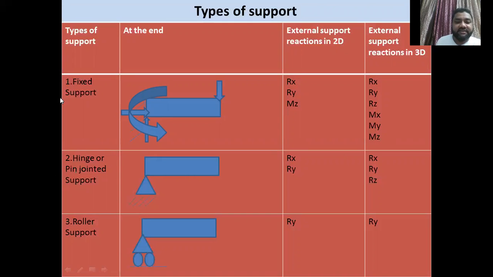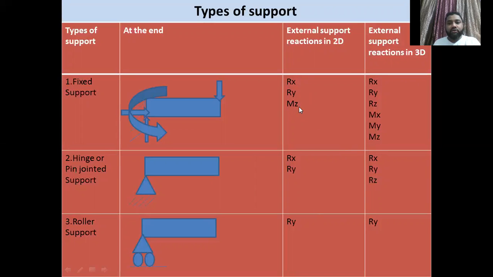Now, how is it the z-axis? This is the x-axis, this is the y-axis, this is the z-axis. So if we apply a load normal to the x-axis, it will produce a moment about the z-axis. So I have taken here Mz.